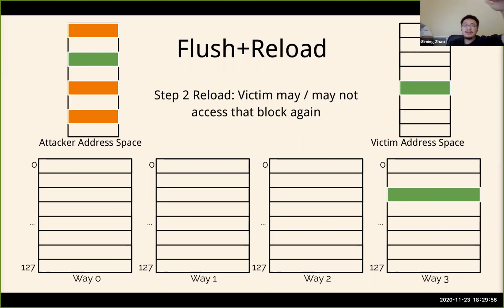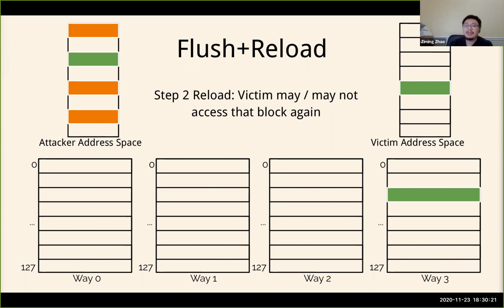If the crypto key is 1, then we do this instruction. If the crypto key is not 1, we do the next instruction. We flush that address out, then later we measure if the location was brought back to the cache, then we know the key is 1 or 0.